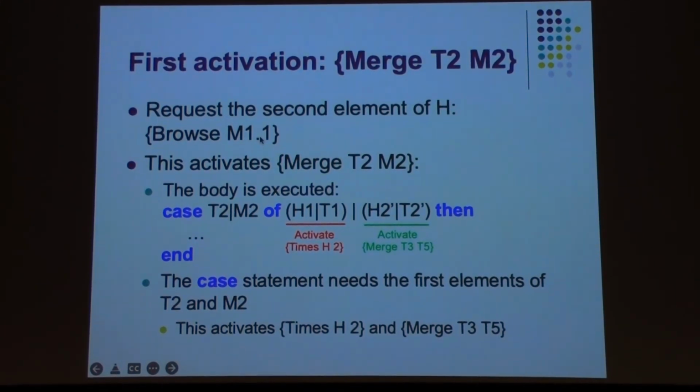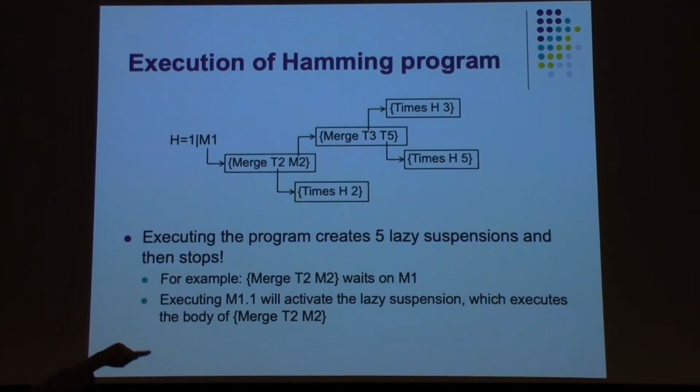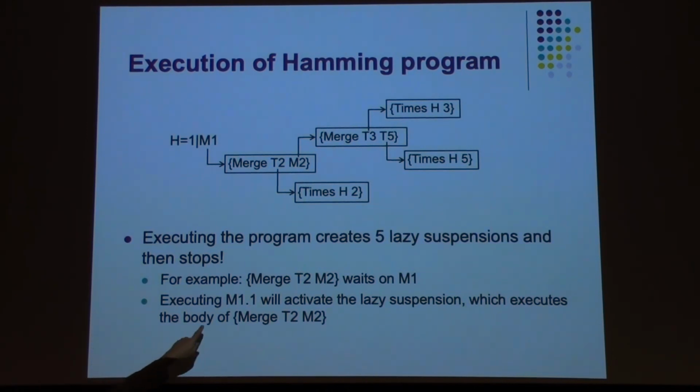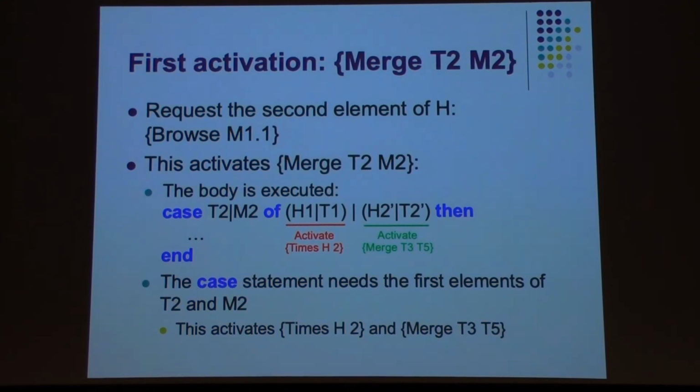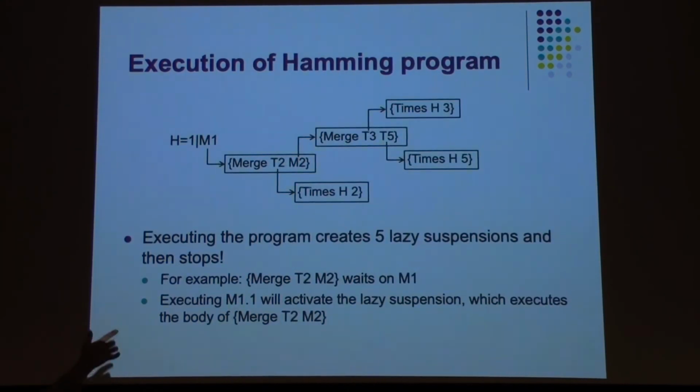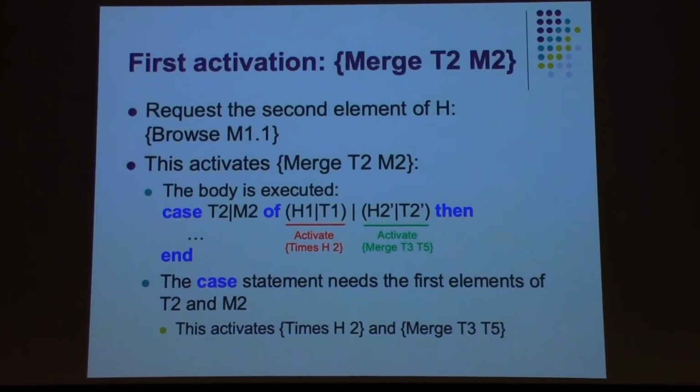You see that, huh? In fact, all of these 5 will be activated, and they'll all run because I'm doing M1.1. So one simple operation, M1.1, will cause all of them to be activated. Okay. So you see, it looks very simple, but if you actually look at the execution, it's actually quite complex, sophisticated, huh?